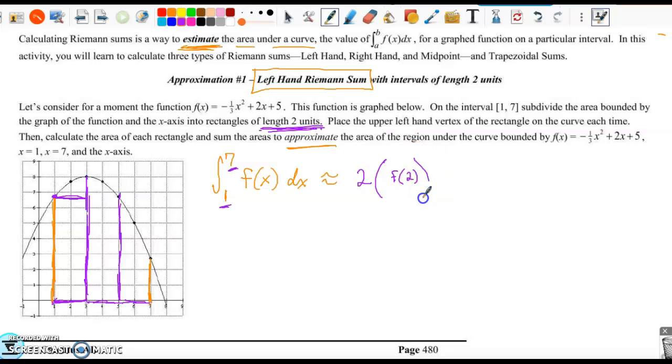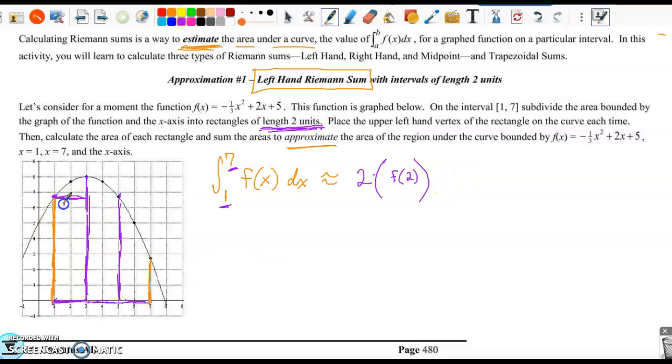That's what I meant earlier about using a calculator to plug in 2: for x squared to be 4, so negative 4/3 plus 4 plus 5. Notice that I'm using the area of a rectangle formula, width times height.